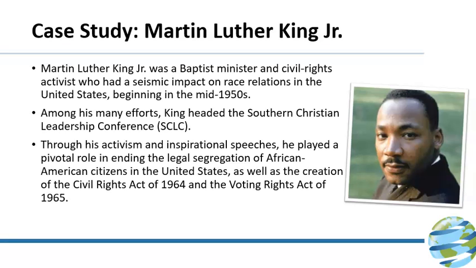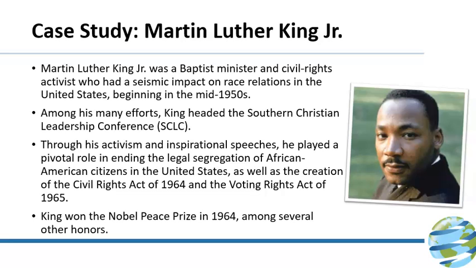Through his activism and inspirational speeches, he played a pivotal role in ending the legal segregation of African American citizens in the United States, working with presidents such as John F. Kennedy and also Lyndon Johnson, as well as the creation of the Civil Rights Act of 1964 and also the Voting Rights Act of 1965. He won the Nobel Peace Prize in 1964 and also had several other honours.